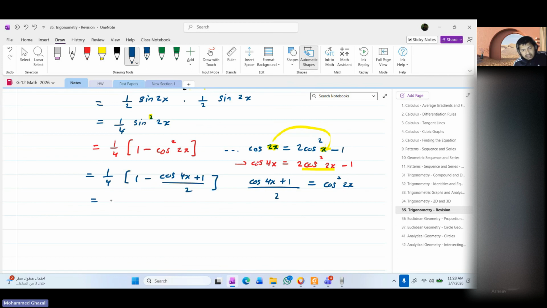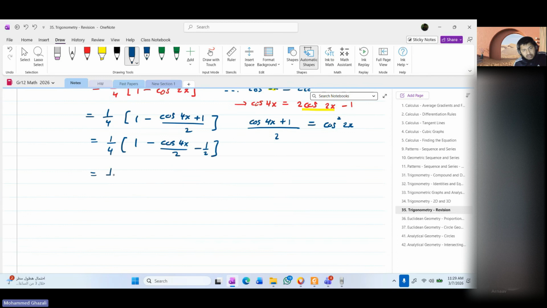Right, so now you can see the LCD is 2 here. Okay, no, don't worry about the LCD. Let's open up the bracket. So that's 1 minus cos 4x over 2, minus a half. Okay, now you've got a quarter.